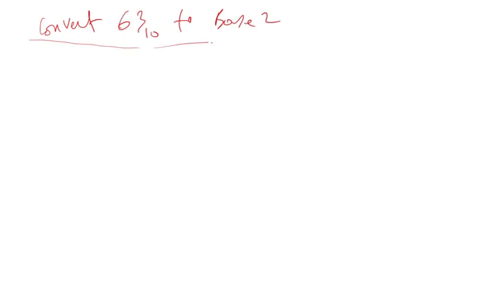So now let's convert 63 base 10 to base 2. Kind of the same concept. So you take 63 divided by 2 is 31. The remainder is 1. So we just need to remember this is the least significant bit.